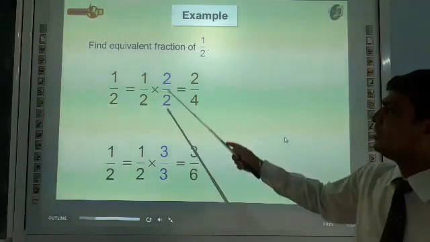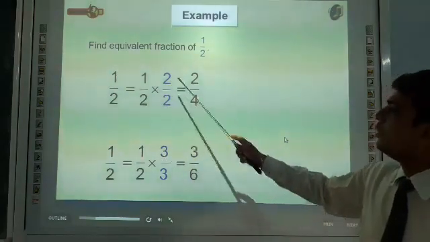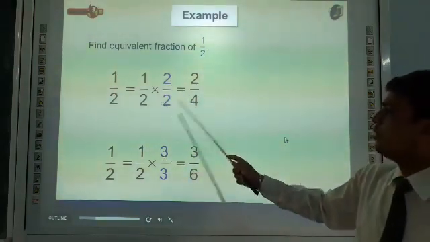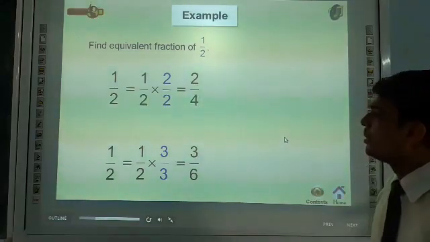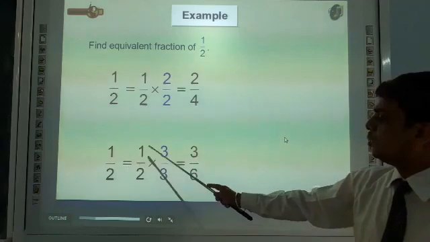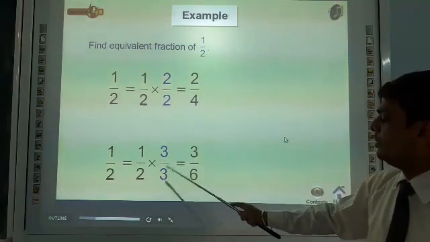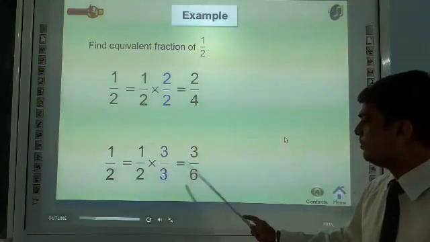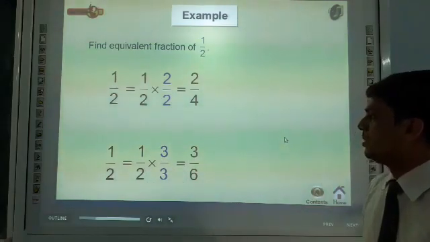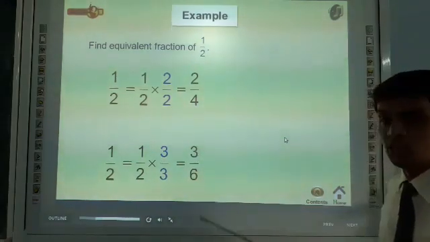This is the numerator, this is the denominator. 2 1s are 2 and 2 2s are 4. Fraction is 2 by 4. 1 upon 2 is equal to 1 by 2 multiplied by 3 by 3. 1 3 is 3, 2 3s are 6. Fraction is 3 by 6.